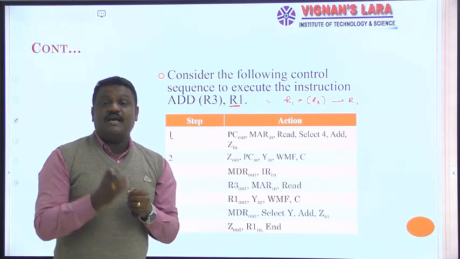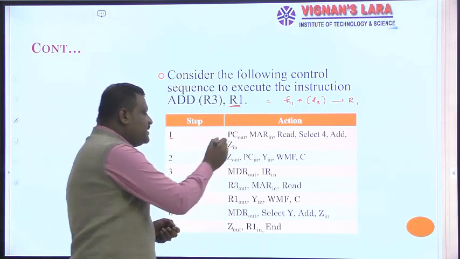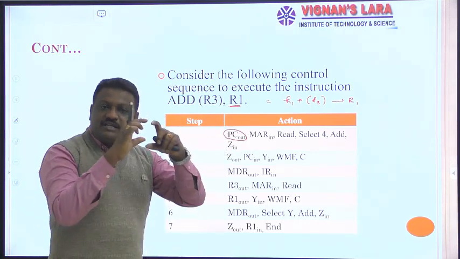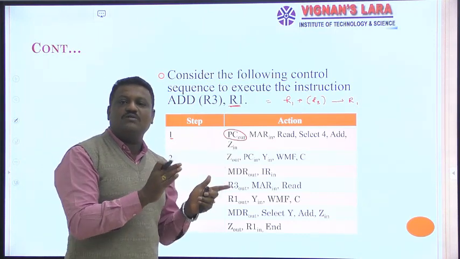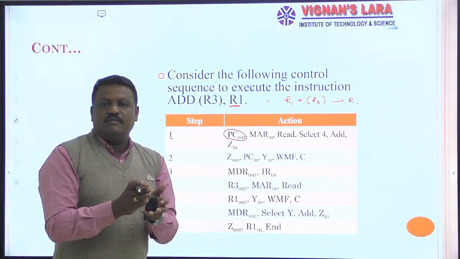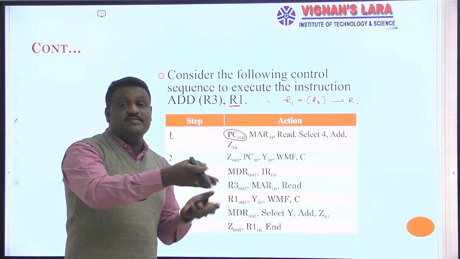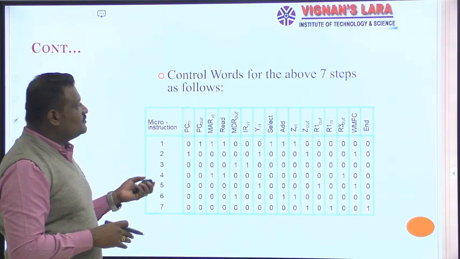Each and every signal is represented with either logic 1 or logic 0. If the PC out signal is needed in a particular micro operation, then in the corresponding control word the bit assigned for PC out must be set to 1. A bit equal to 0 means that the corresponding signal is not involved in that microinstruction. That is the meaning of this.